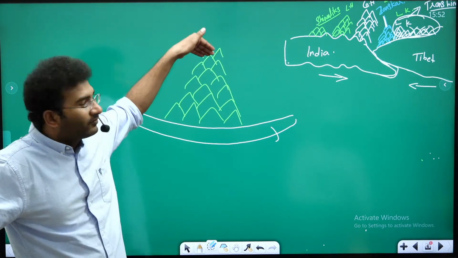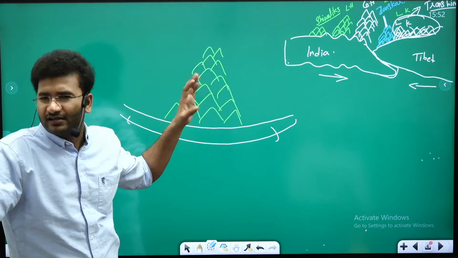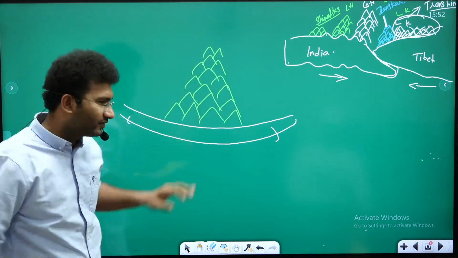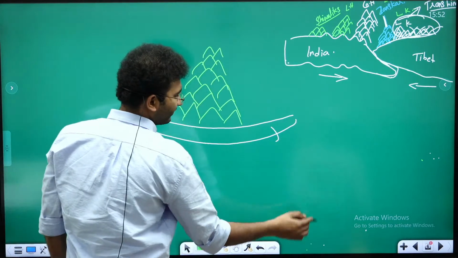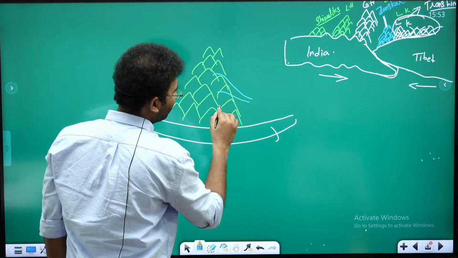Now if there is a river which is there, right? Imagine this is just as an analogy itself. The rivers which are there on them, whatever the rivers, they'll start to flow in this direction.